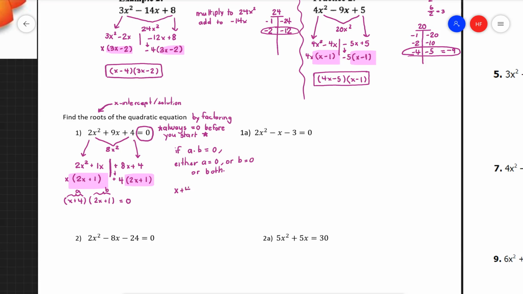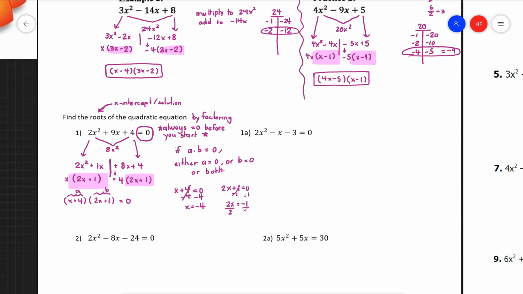So in order to find the roots, the solutions, we will set each of them equal to 0. So x plus 4 equals 0, and solve for x. I'm going to move that 4 over. I get x equals negative 4. 2x plus 1 equals 0. We'll subtract 1. We get 2x equals negative 1.